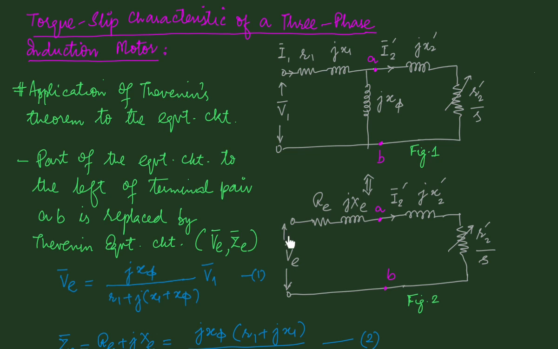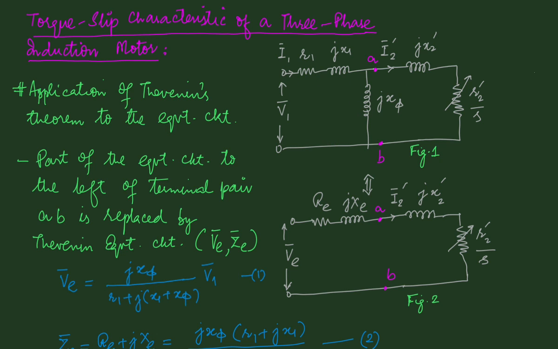The voltage VE will be equal to the open circuit voltage measured between this terminal pair, and we can make use of the voltage divider rule to find this voltage, which will therefore be equal to jXφ divided by the sum of these impedances R1 plus jX1 plus jXφ times the input voltage V1.